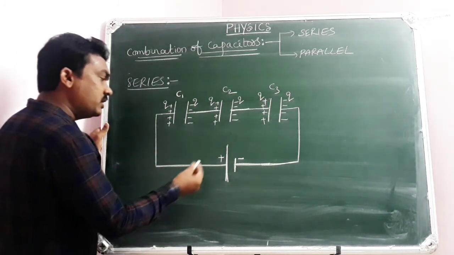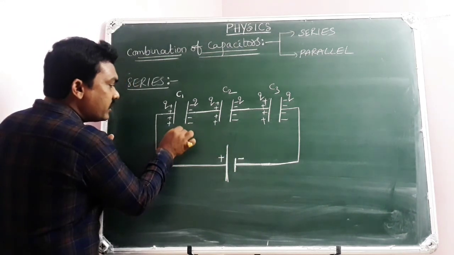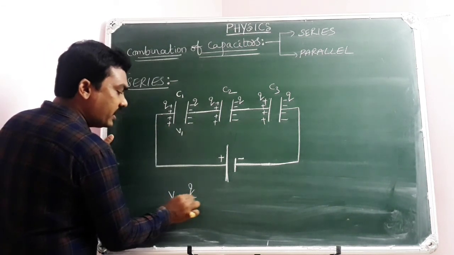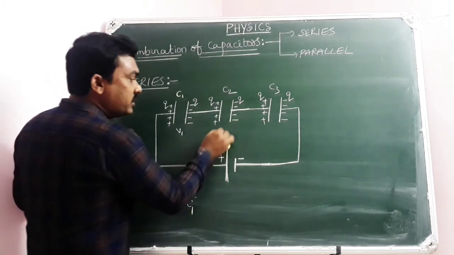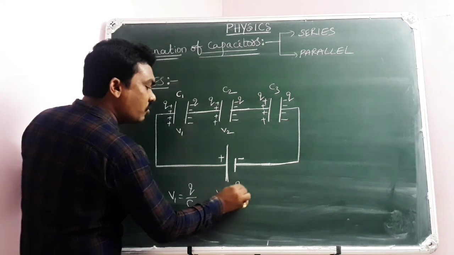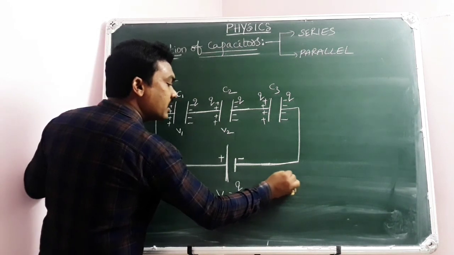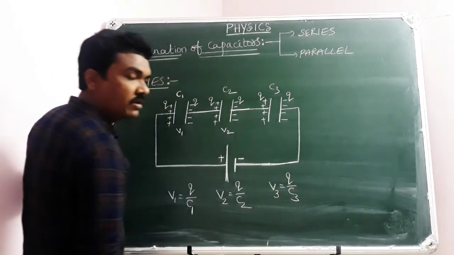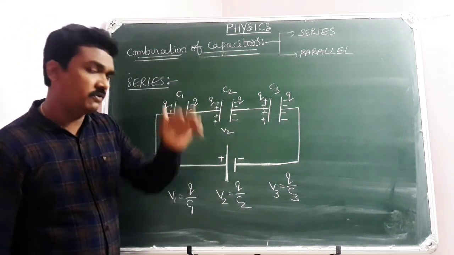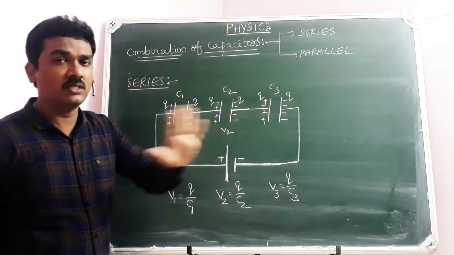Of course, as potential difference V is equal to Q by C, the potential difference across C1, V1, can be written as Q by C1. The potential difference across C2 can be written as V2 is equal to Q by C2. And the potential difference across C3 can be written as Q by C3. So the potential difference across different capacitors is different, but the charge present on every capacitor remains the same.